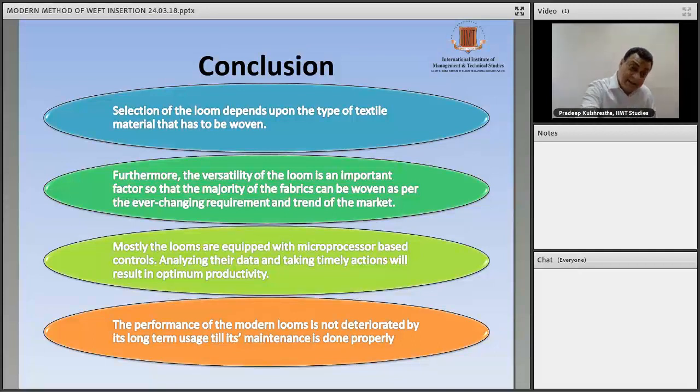Then furthermore, versatility of the machine is a very important factor in deciding the purchase of a loom. Because today, suppose we are running cotton, the market demand is less now, given the supply to demand ratio. So he has to change. You know, in the present era, fashion is changing every day. Every day, customers want a new type of product.